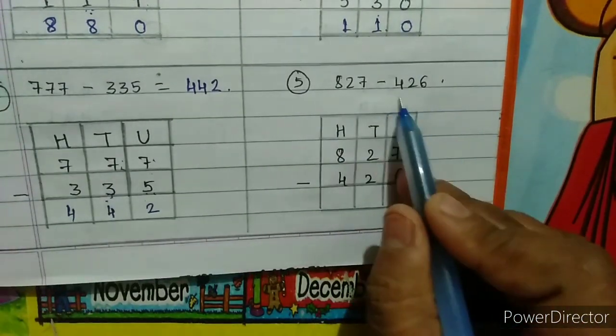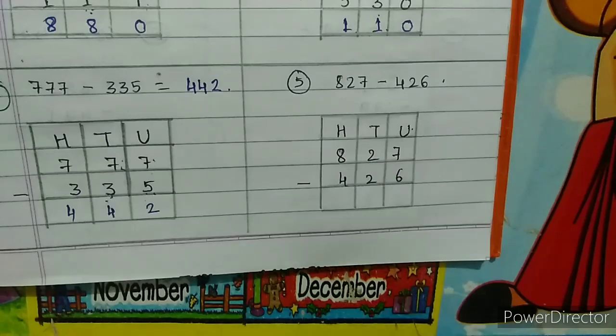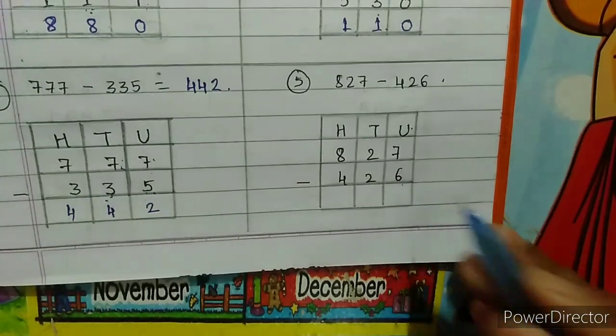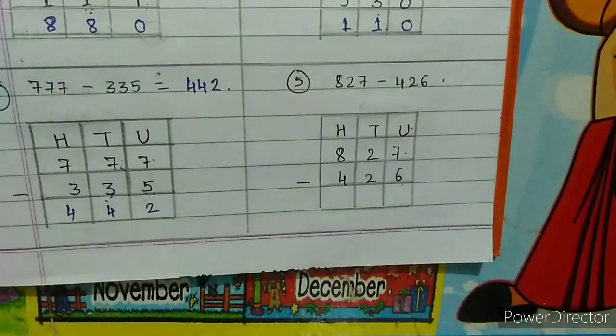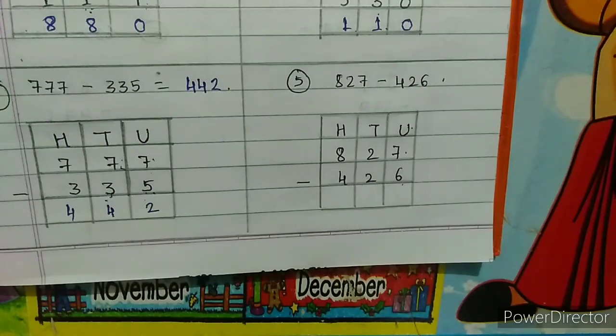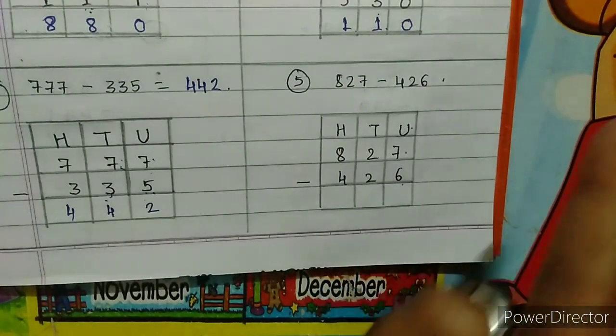827 minus 426. So which number is smaller here? 6. Keep 6 in mind. Count till 7. So after 6, 7. So what is the answer? 1.